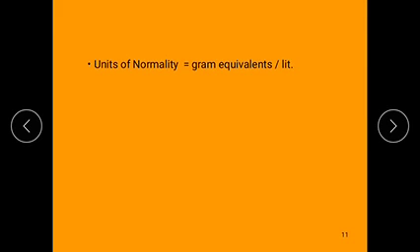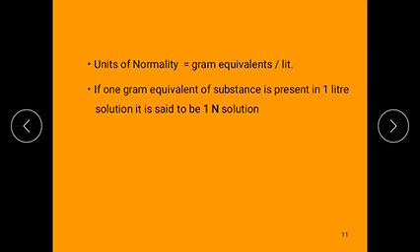The unit for normality is gram equivalents per liter. If 1 gram equivalent of solute is present in 1 liter of solution, it is said to be a 1N solution.